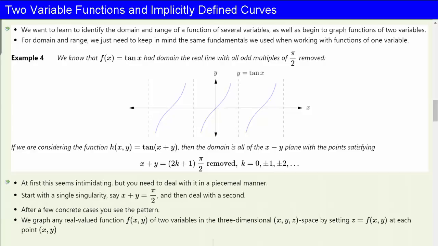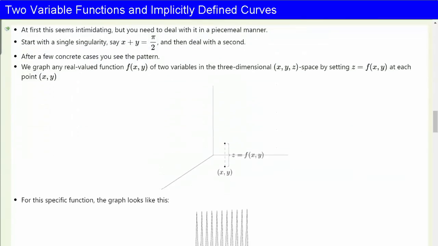These are, of course, straight lines. At first, describing this domain seems intimidating, but you need to deal with it in a piecemeal manner. Start with a single singularity, say x plus y equals pi over 2, and you can graph that, and then deal with the second, and after a few concrete cases, you see the pattern.